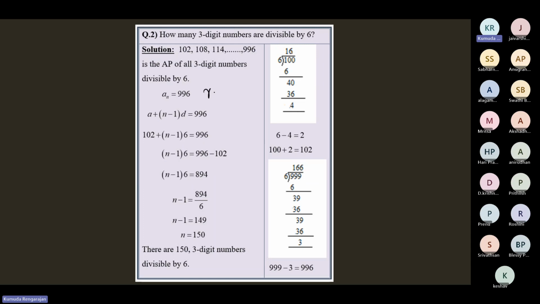Whenever you have to find n, if your teacher uses l minus a by d plus 1, please use that. So I work like this: an is equal to 996. an means a plus n minus 1 into d is 996. Substitute the values of a and d. Transpose 102. Then bring the 6 for division. n is 150.